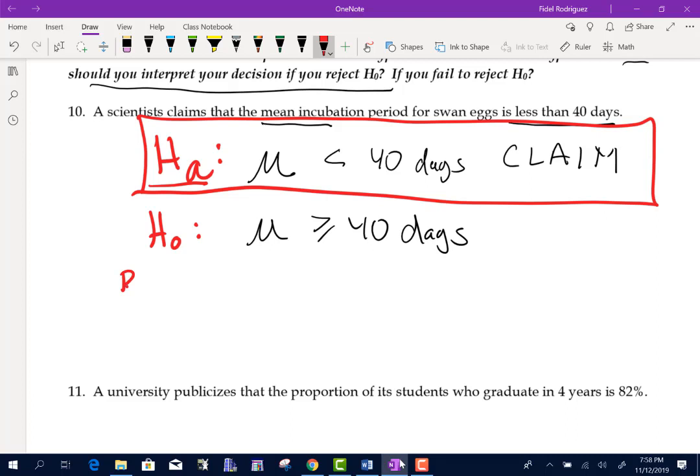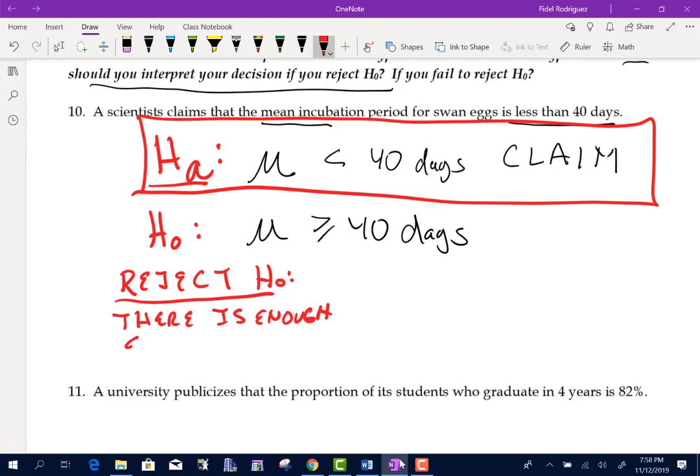If we reject the null, then what we're saying is there is enough evidence to support the claim.